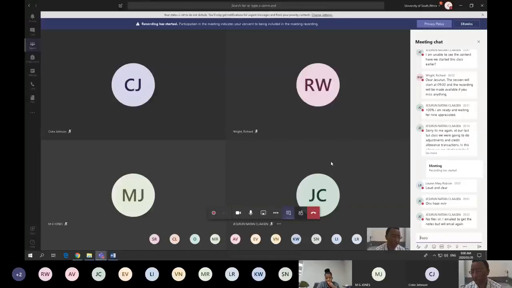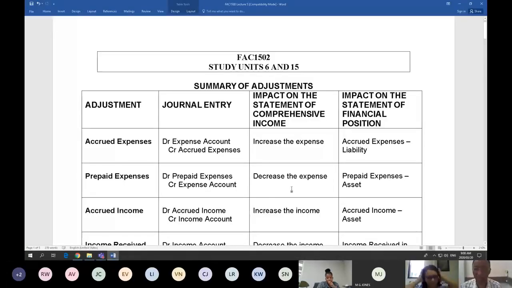Therefore, whenever you are dealing with adjustments, there are first of all journal entries that will apply. So on page 1 of the notes, let us take a look at the actual adjustments and how to record them in the books of the business.